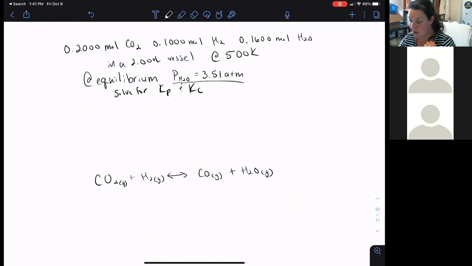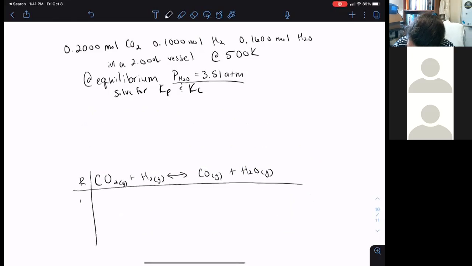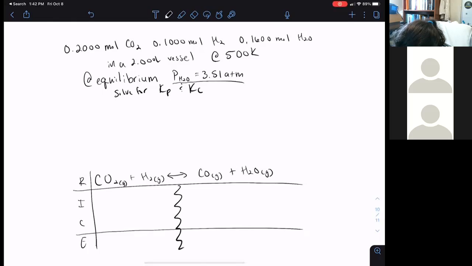So the first thing we need to do when we approach something like this, we see that we're given partial pressures, which means that we need to solve for our initial partial pressures, right? So we have our RICE table. And the only thing we have right now is that water will have a partial pressure of 3.51 atmospheres.